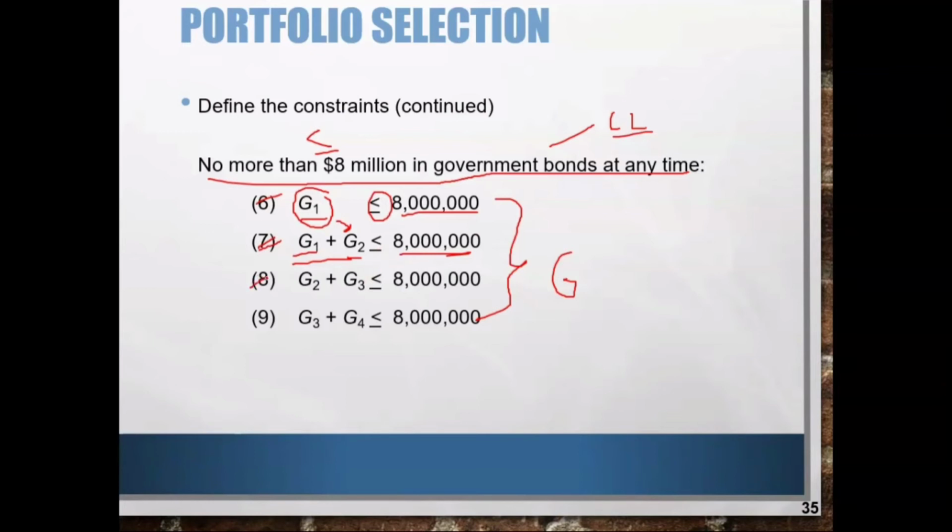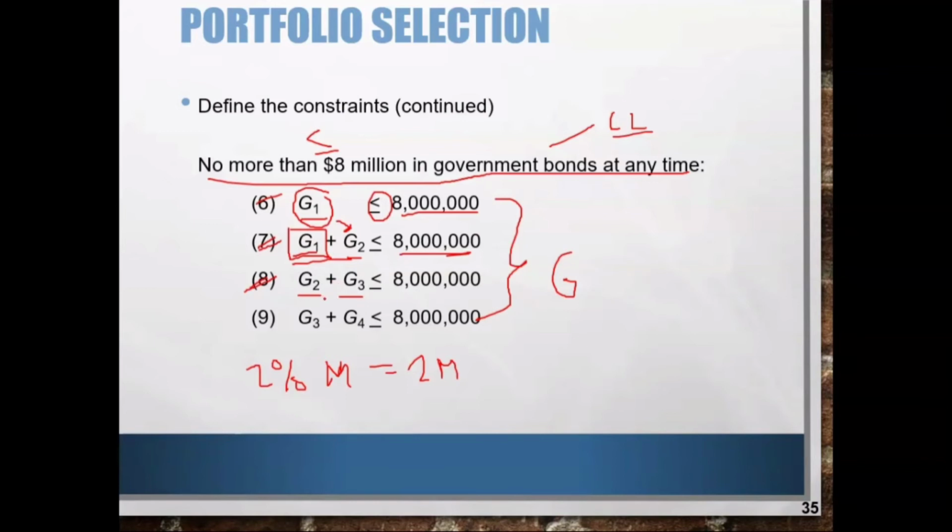In constraint number 8, we have government bonds G2 plus G3. Why G2 plus G3? There is no G1, because the statement in the problem says you earn interest of 2,000 per month after 2 months, so G1 has already happened. So the next 2 months will be G2 and G3, which is the meaning of constraint number 8.